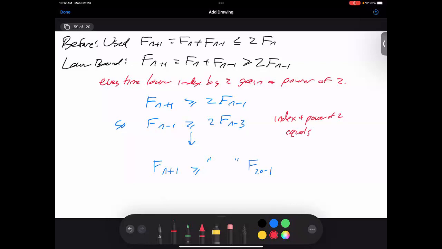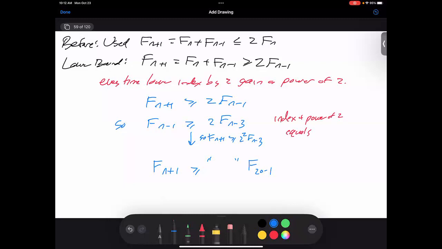Oh, I'm sorry, I didn't explicitly write this. So f_{n+1} is greater than or equal to 2^2 f_{n-3}. Is the index plus power constant? So we agree index plus power is not constant, right?